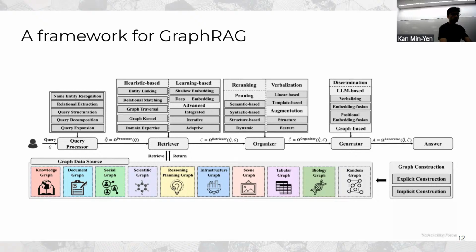The paper also tries to make a grouping of the data sources that are pretty common. The examples include everything from knowledge graphs to special cases: document graphs, social graphs, scientific graphs, planning graphs. Planning graphs would be really useful in the agentic paradigms that we see today, as well as infrastructure, scene, not sure what that is, tabular and biology.